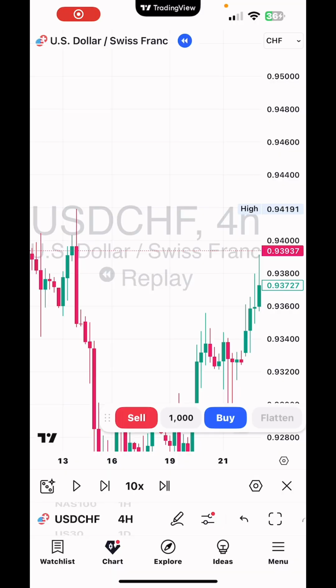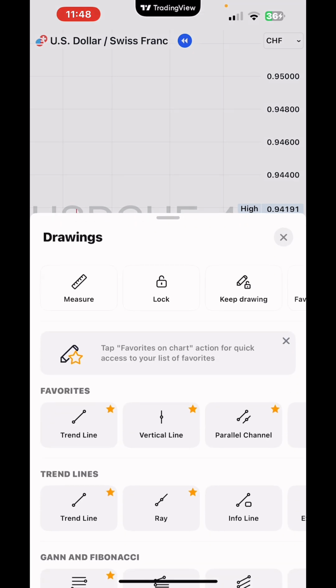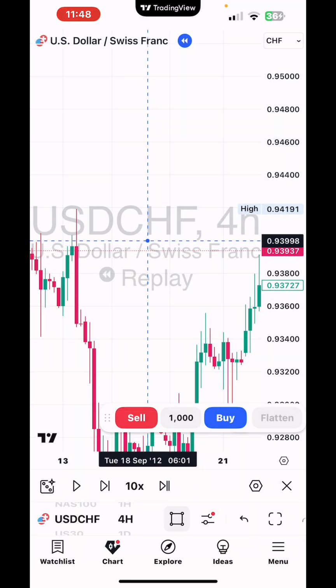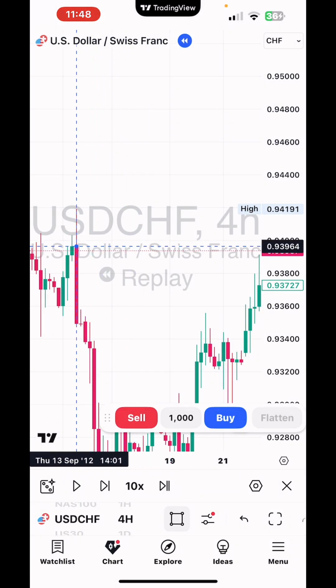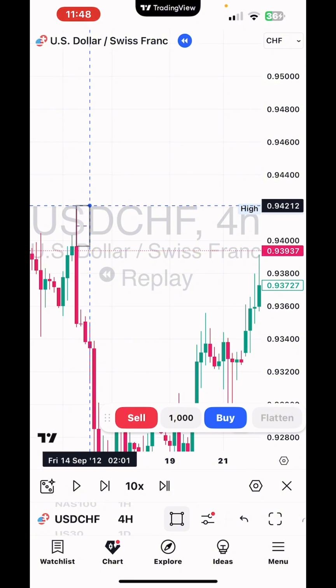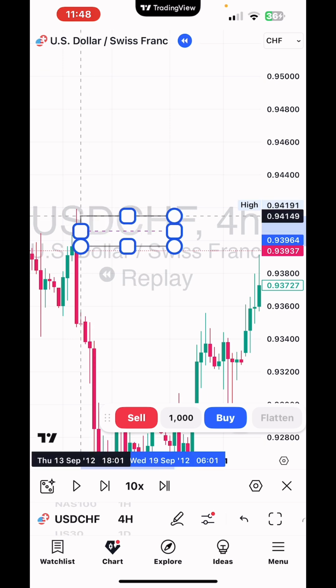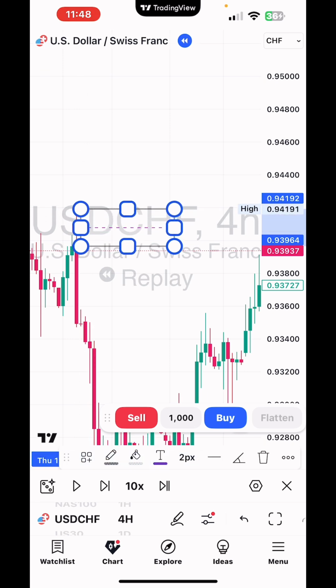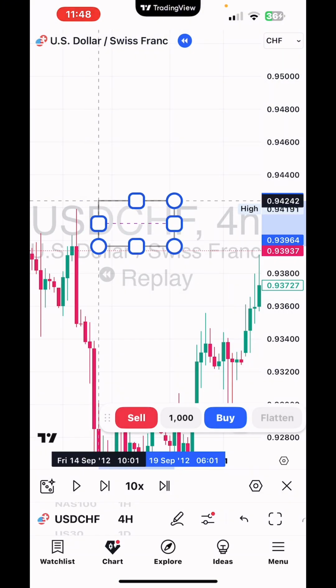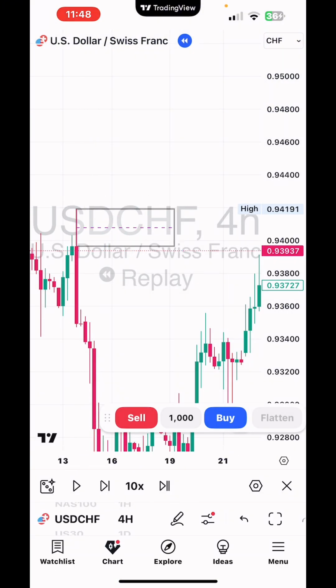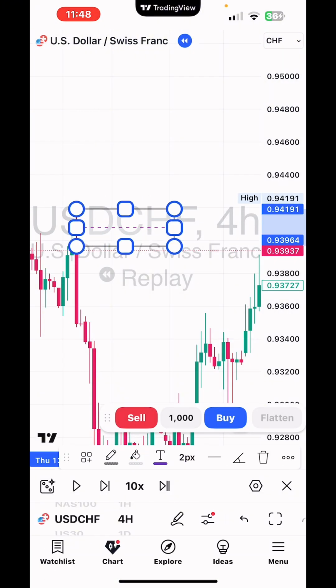Okay, so as we were saying, we've got the USD CHF 4 hour, and then what we're going to do is get a box, a rectangle, and you want to go from the highest body on this one to the high of the wick. There we go. So that is the area we're talking about.